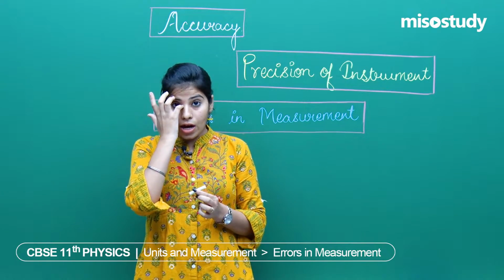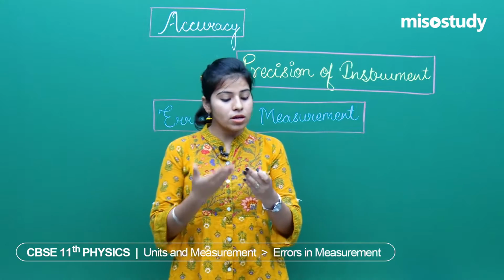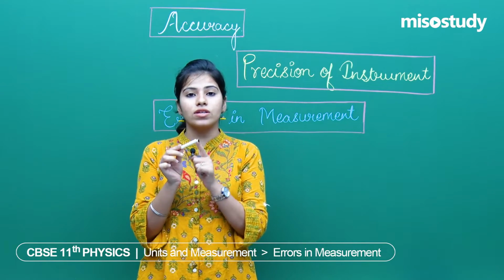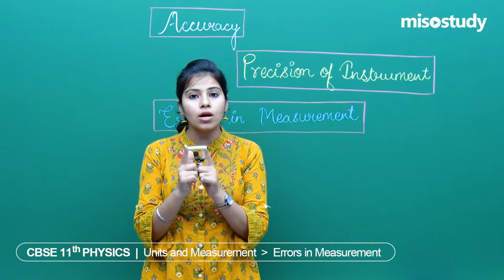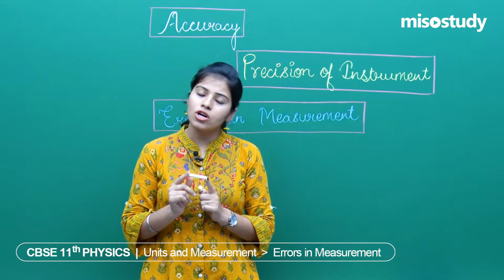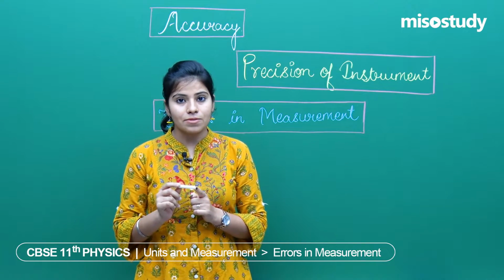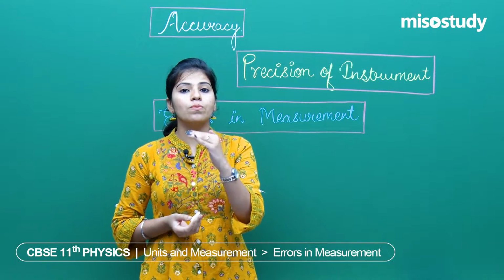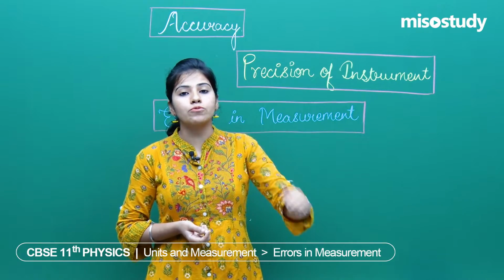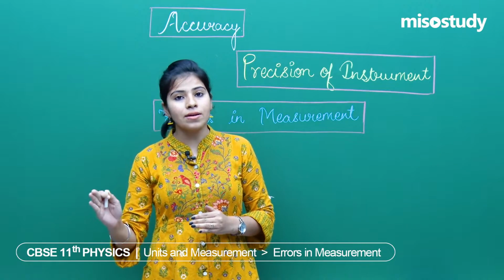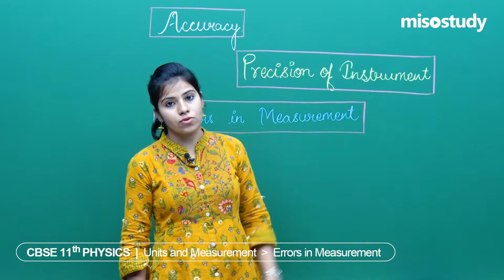Now if you measure this chalk by using any instrument, you will find that there would definitely be some error. That means your measured value is not up to the true value. So the difference between the true value and the measured value relates to your accuracy.